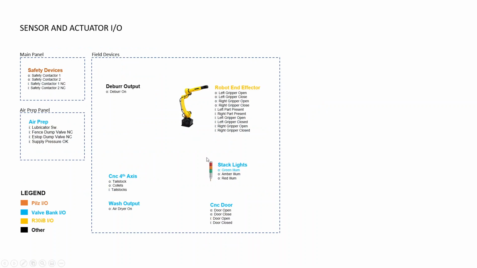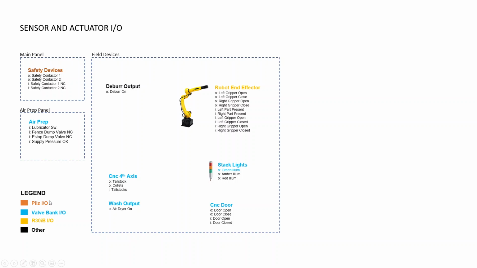So this just kind of diagrams the overall picture for sensors and actuators inside of our robot cell, or what it's responsible for. Inside the main panel, we have some safety contactors, and those contactors are controlled by this PILS IO device.